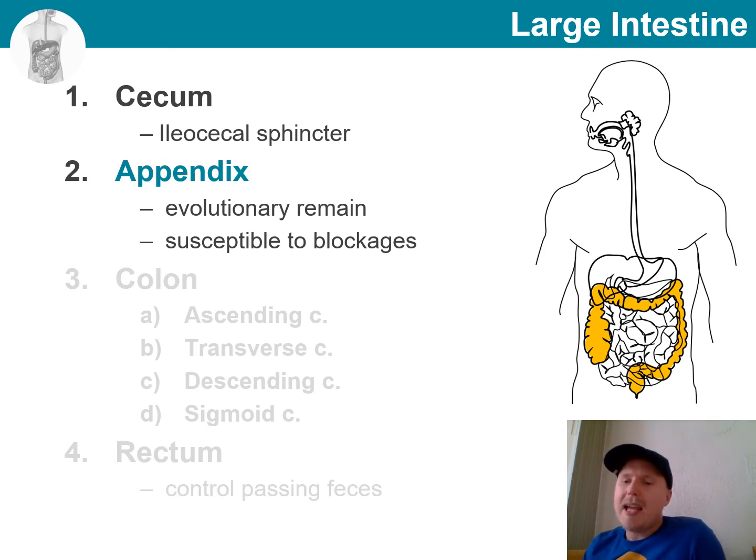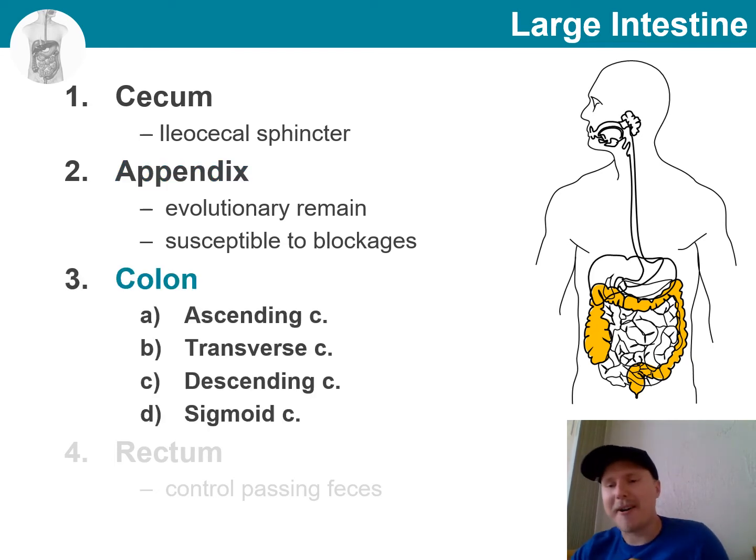And that's where the bacteria that digest plant-based material were stored. So this was at the time when the human diet consisted much more of plants. But as this is no longer the case, it is slowly disappearing over evolution, but this has not quite happened yet. So it is believed that it's a kind of evolutionary remnant.